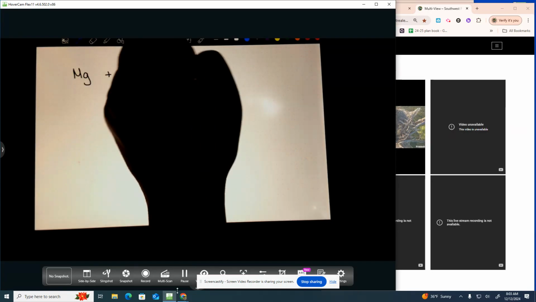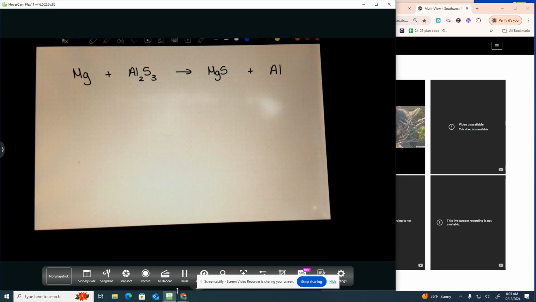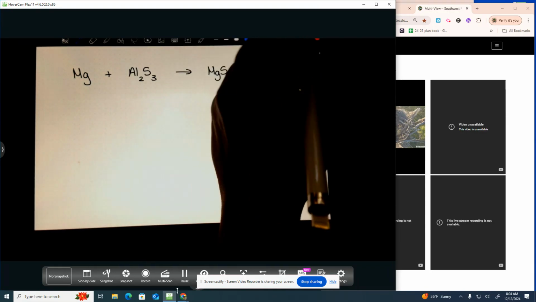Okay, let's try one more. Magnesium plus aluminum sulfide yields magnesium sulfide and aluminum. Okay. Let's make a line.